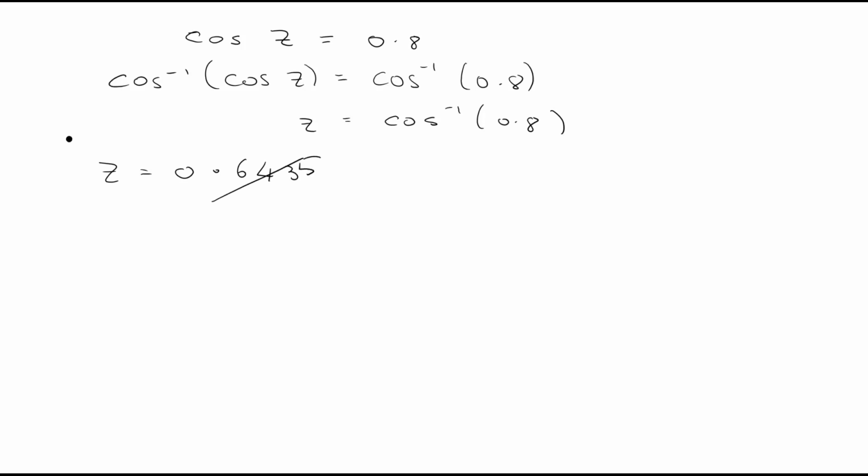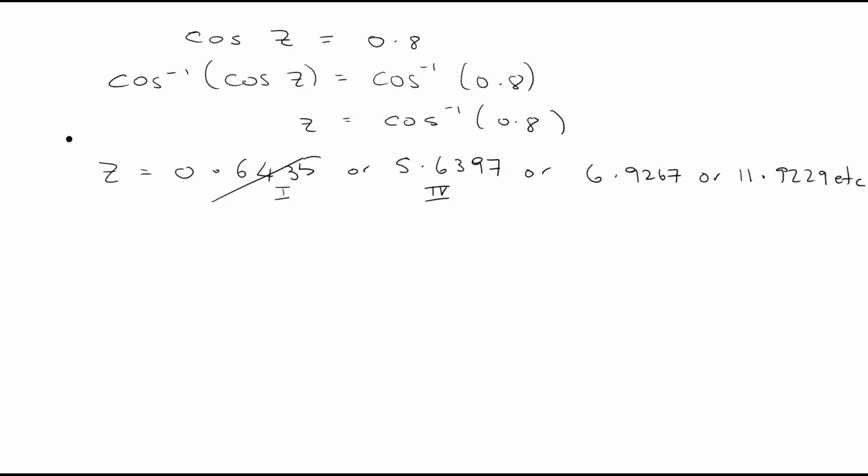That one is wrong, it's too small. And that's the next one, because this is in quadrant 1 and this is in quadrant 4 to get positive, and then we can add 2 pi to the first one and it would give us 6.9, and adding 2 pi to the second one, etc.